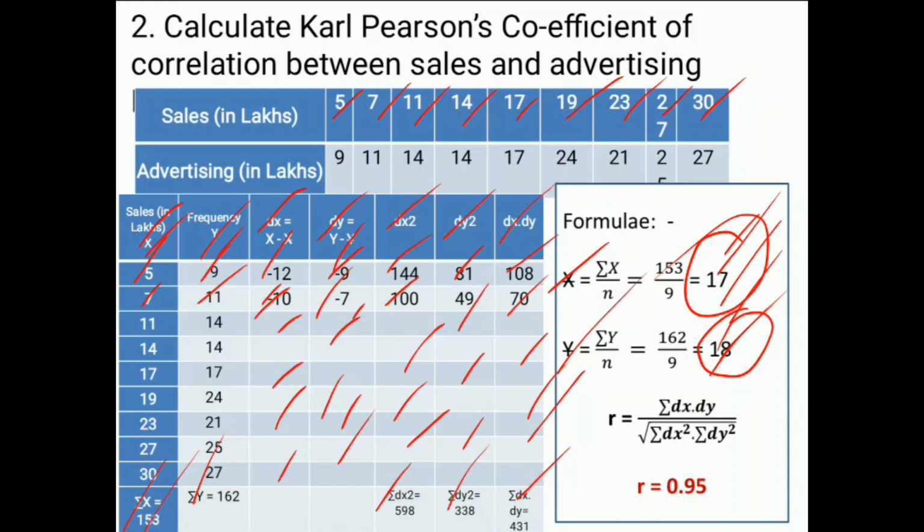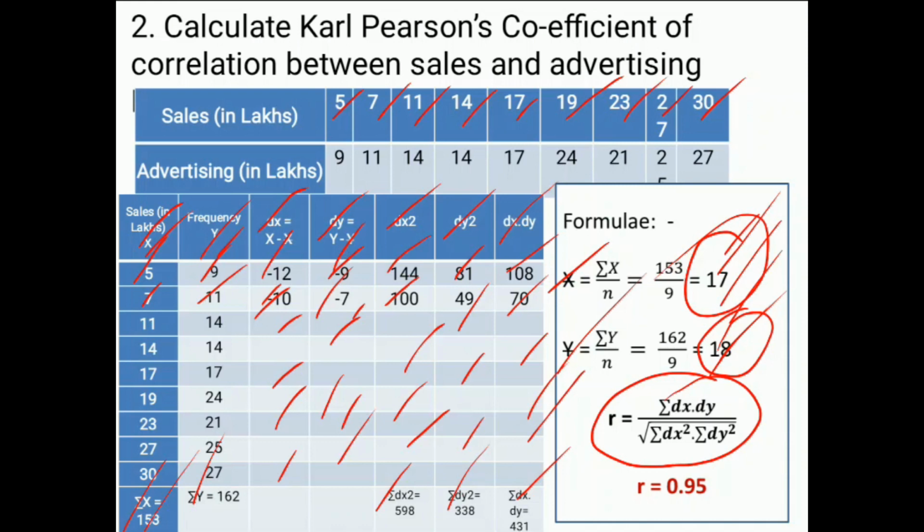Once you get these three values, the simplified formula of R, the Karl Pearson coefficient of correlation, is given by summation dx into dy divided by square root of summation dx square into summation dy square.